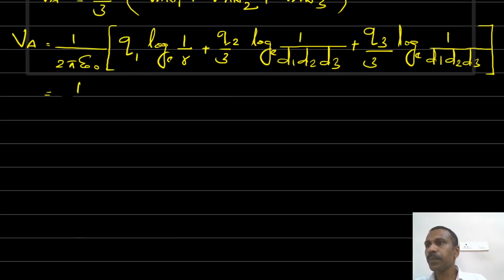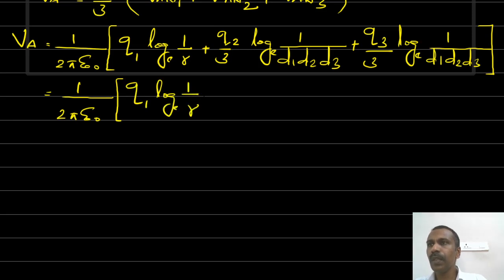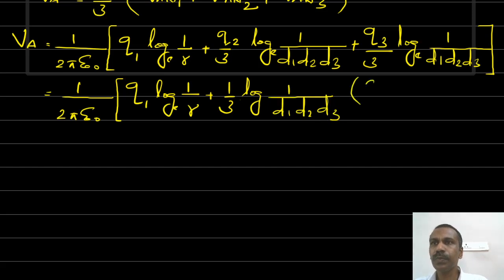So this is equal to 1 by 2 pi epsilon 0 into Q1 log 1 by R. If you look at these two terms, we can factor out 1 by 3 log 1 by D1, D2, D3 into Q2 plus Q3.